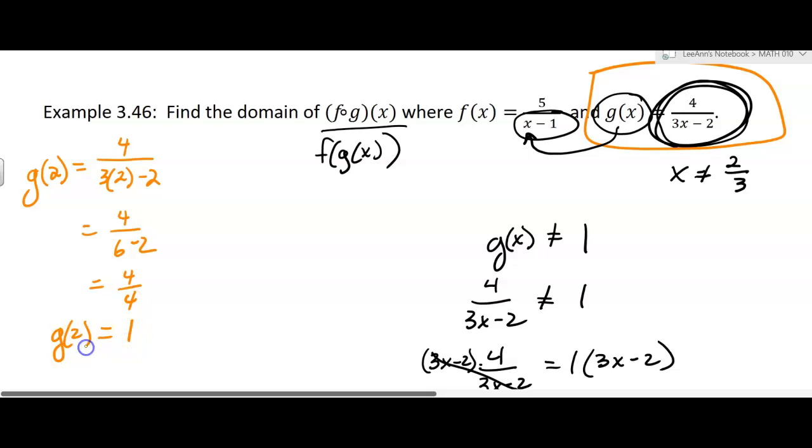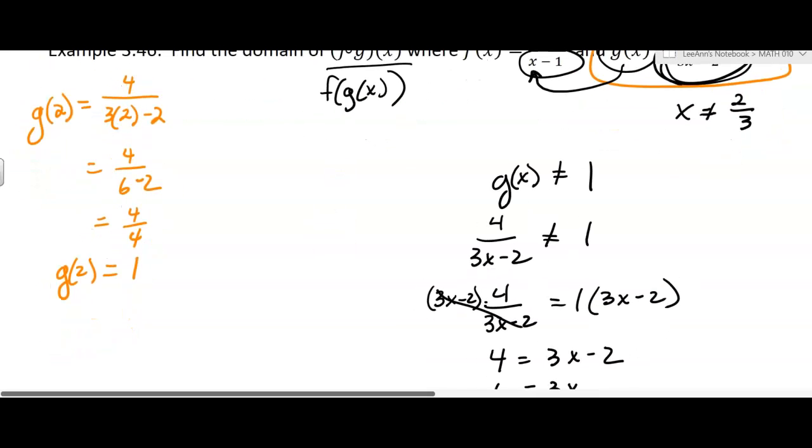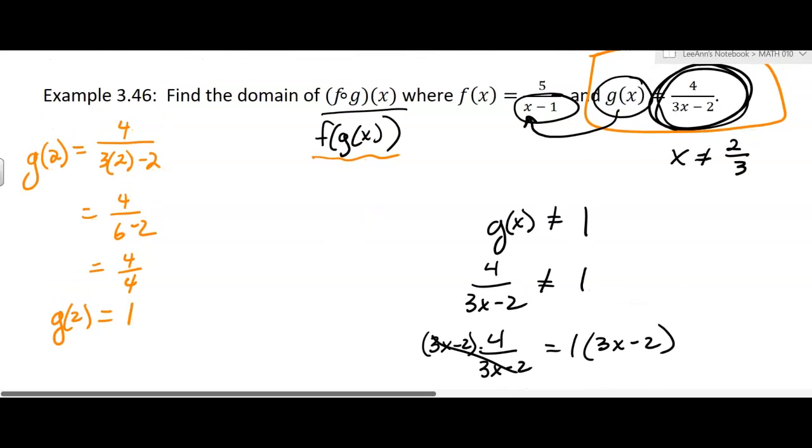So g of 2 would be 1. But then, because I want to find f of g of x, I would have to put the 1 in here. So then I'd have f of 1, and then I'd have 5 over 1 minus 1, and then that would be a problem. Okay?